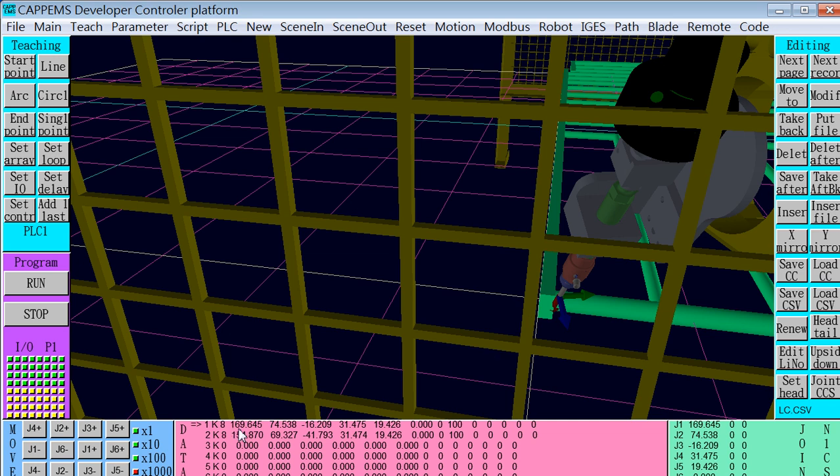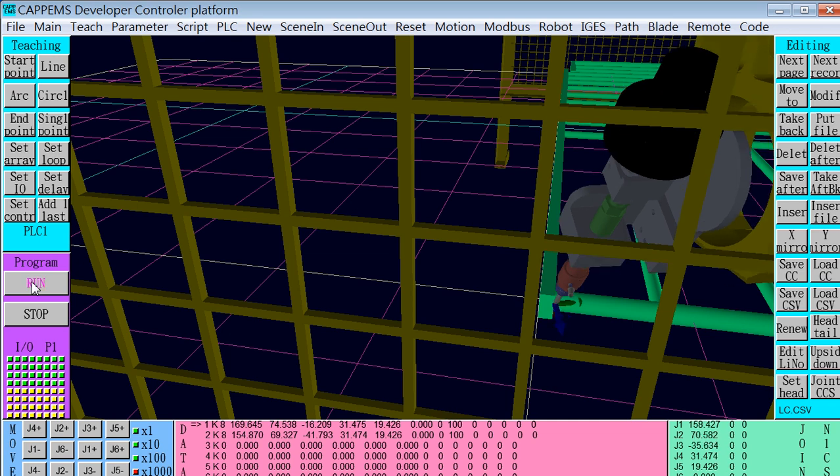Thereafter, we have 2 instructions. From here, inclined insert to the welded position. Let's see the root visually. Okay, run. Okay, good.